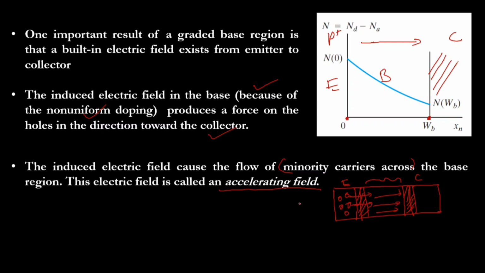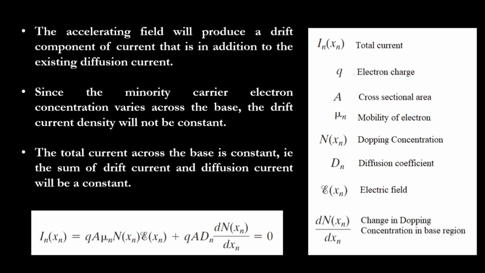Let's see the next slide. The accelerating field produces a drift component of current that is in addition to the existing diffusion current. What we have learned before is diffusion current, isn't it? If you remember, that current is not going to change, that current will be there. Apart from that, this drift current is also going to be there inside the semiconductor.